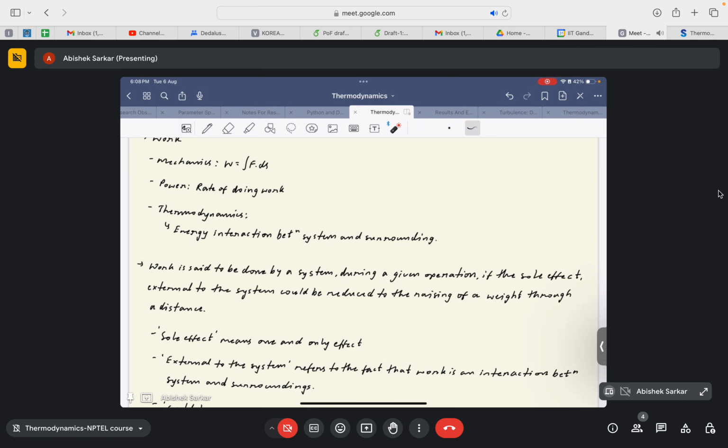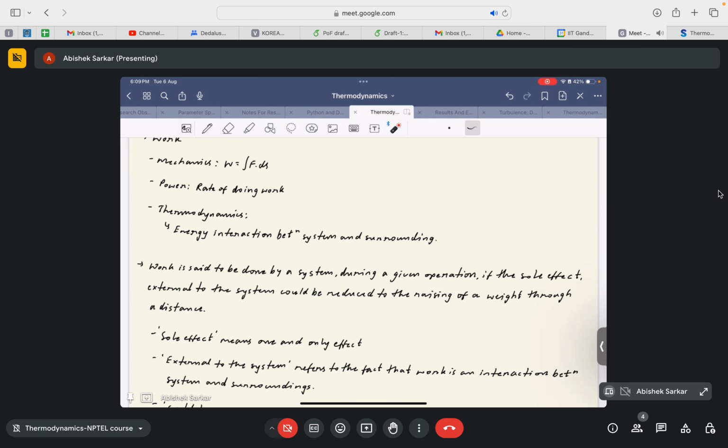Of course, you have already discussed in class 11 and class 12 what work done means, and it's basically the same. But in the context of thermodynamics it has a very standard definition, which is used by most textbooks and professors. So I would like you to go through this definition once.